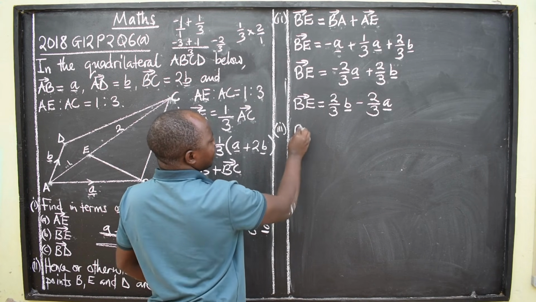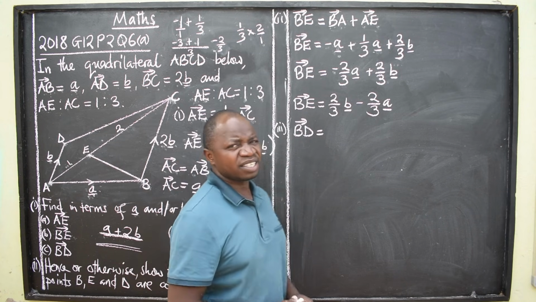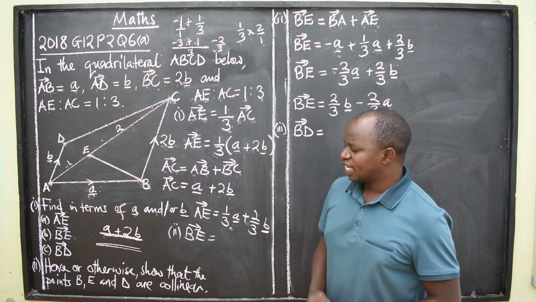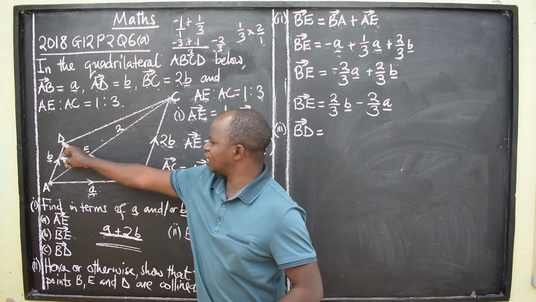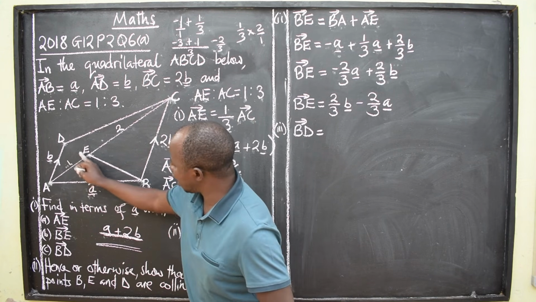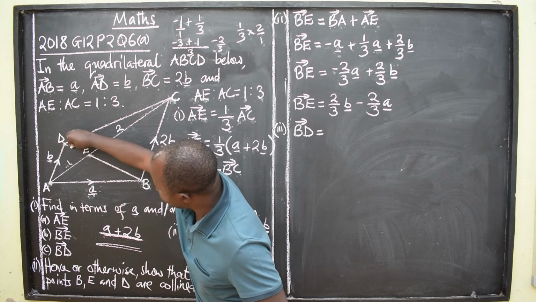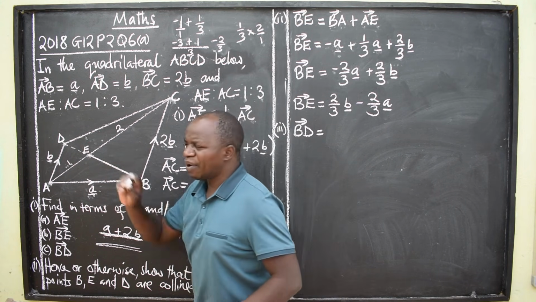BD, vector BD. We go back to the diagram. Where is BD? B to D. Do you see that? B to D. So here there's no line. You can still extend a line. There's no problem. Like that. B to D. How are you going to move?